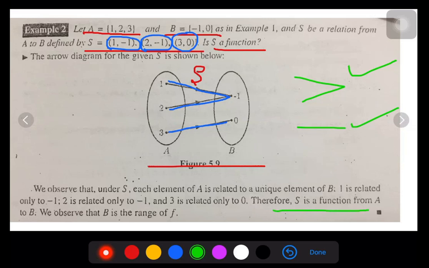Therefore, S is a function from A to B. In other words, every element here has a unique image. 1 has only one image, 2 has only one image, 3 has only one image. And 0 has one pre-image, -1 has two pre-images. More than one pre-image is allowed in a function. Therefore, S is called a function here.